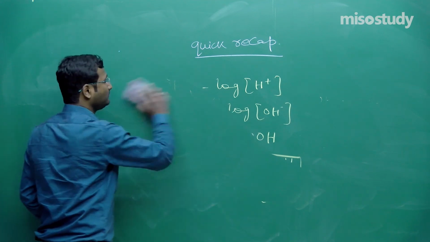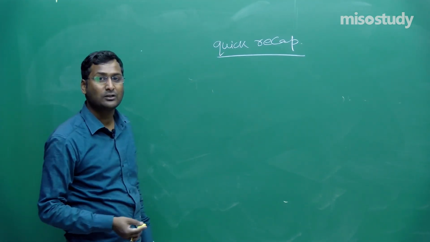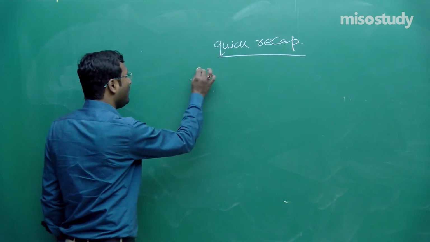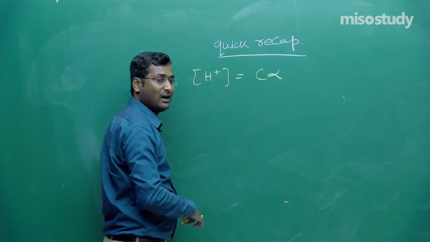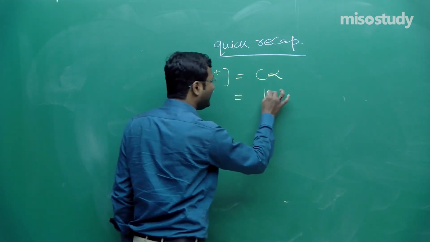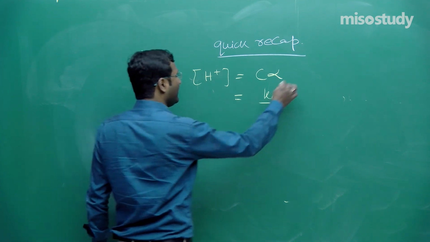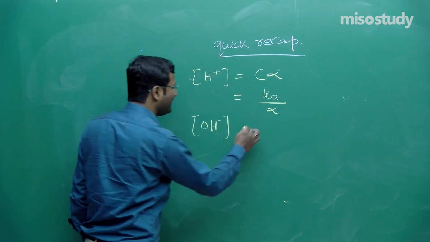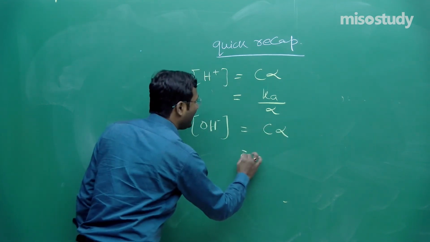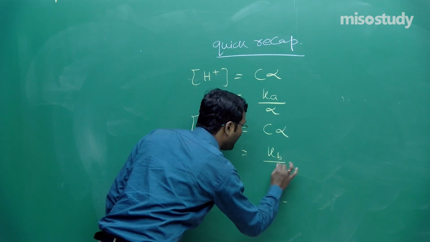Now again moving, if anyone asks you what about the pH of weak acid, as we know H plus ion concentration is equal to C alpha. We can write in terms of Ka upon alpha, that is Ka upon alpha. Again, if anyone asks you what about the concentration of OH minus ion, it is C alpha, and in terms of Kb and alpha, that will be equal to Kb upon alpha.